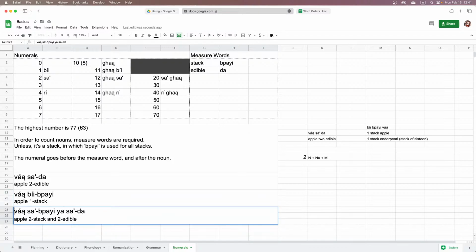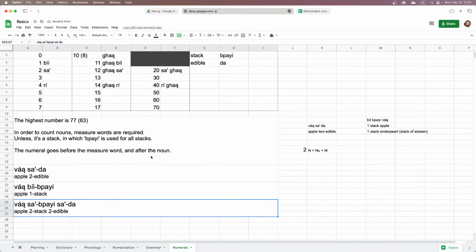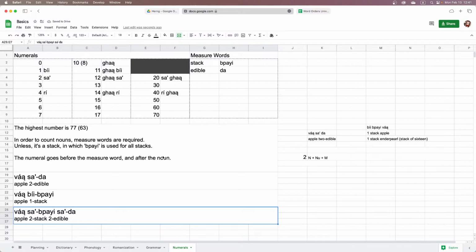No, let's leave out the conjunction. I know it's common in English and other Germanic languages, but I like the system we have so far.